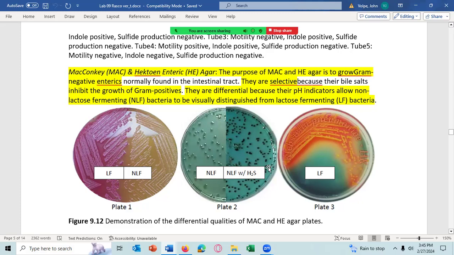On hektoen enteric agar, we already mentioned you can test for hydrogen sulfide production, and if hydrogen sulfide is being produced, the bacteria will be black in color. If the bacteria cannot produce hydrogen sulfide, then they will be their normal color if they do not ferment the sugar lactose, which in this case will be white or off-white.